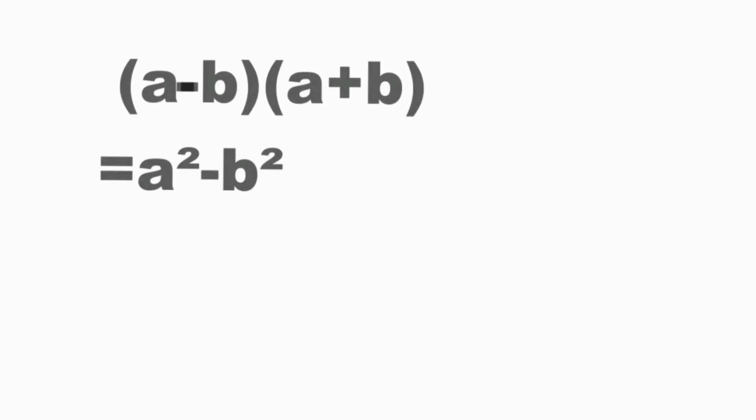So, the first one is the difference of two squares: quantity A minus B times quantity A plus B. The difference here is the sign, minus and plus. And yes, the answer is A squared minus B squared.